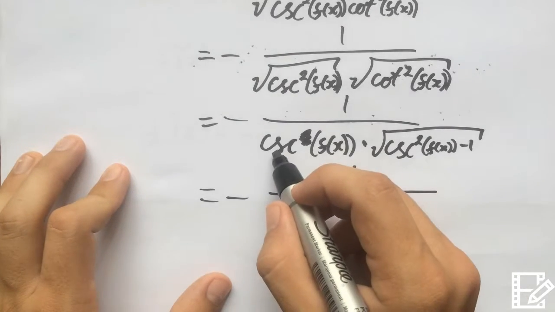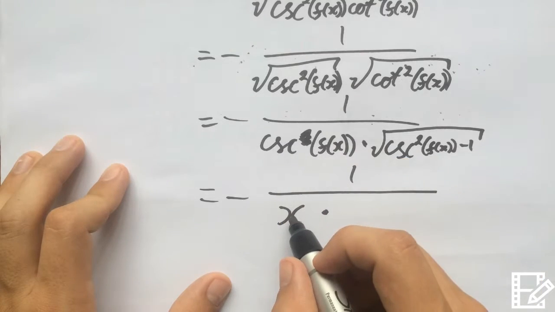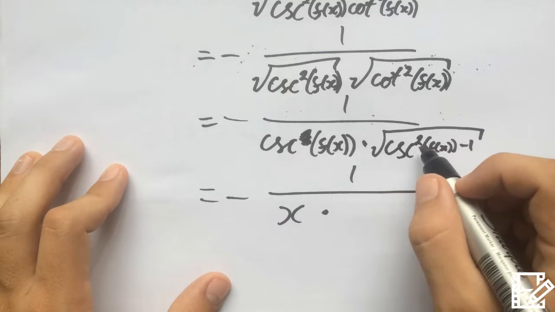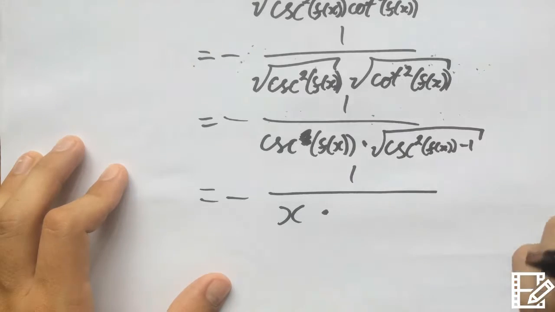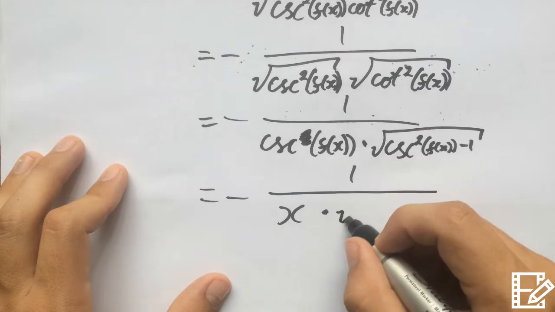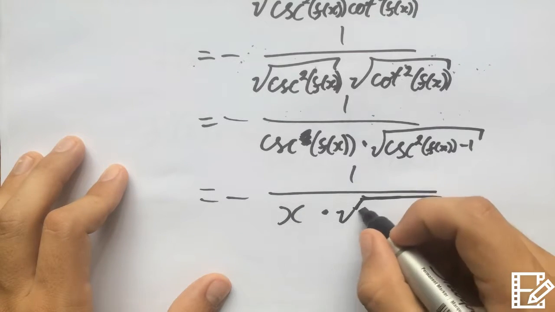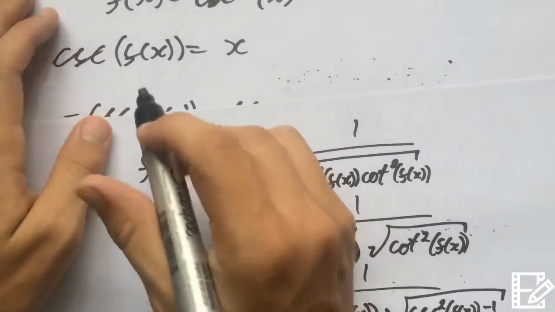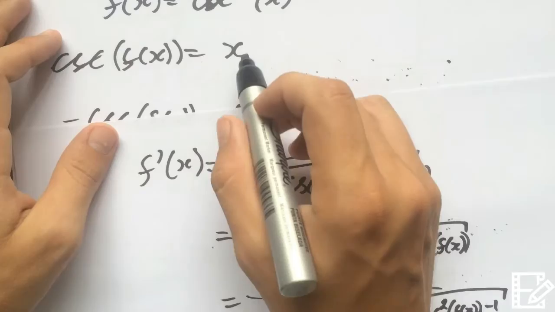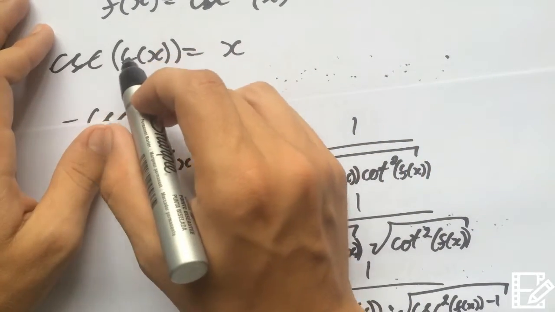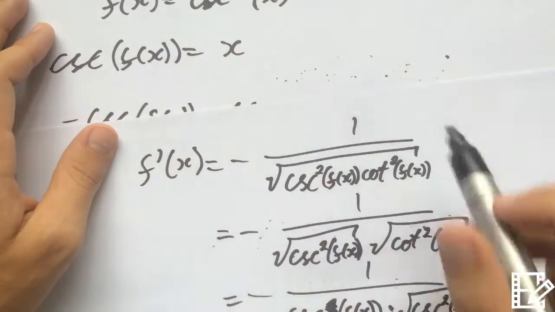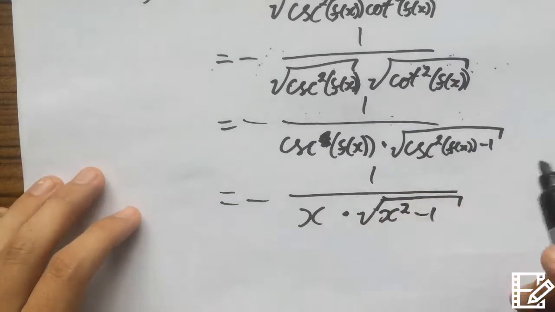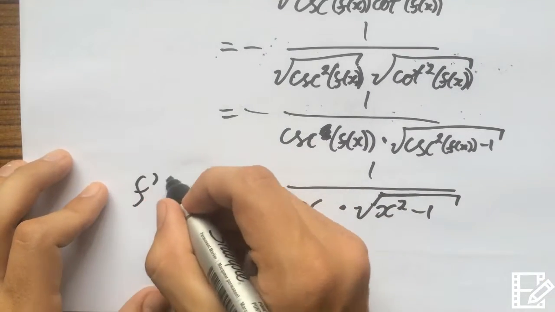Now, we established that cosec fx equals x. Therefore, cosec squared fx must equal x squared. Because if I had this and I was to square one side, I would have to square the other. Therefore, cosec squared fx would equal x squared. And then we get this. And that would be the derivative.